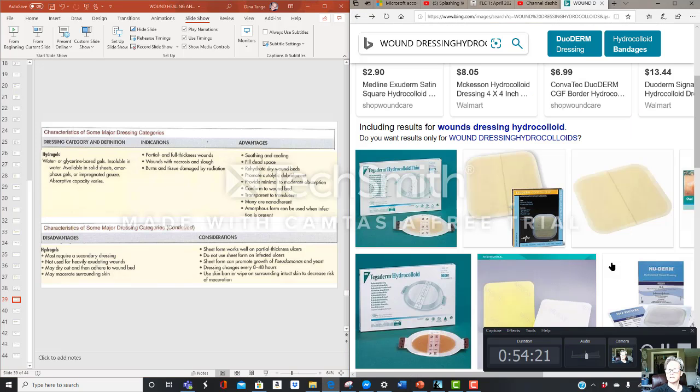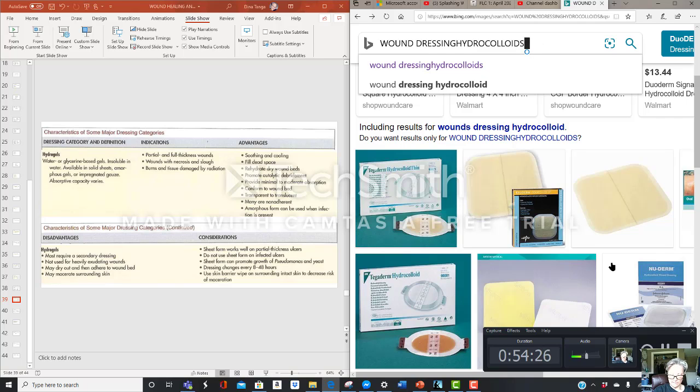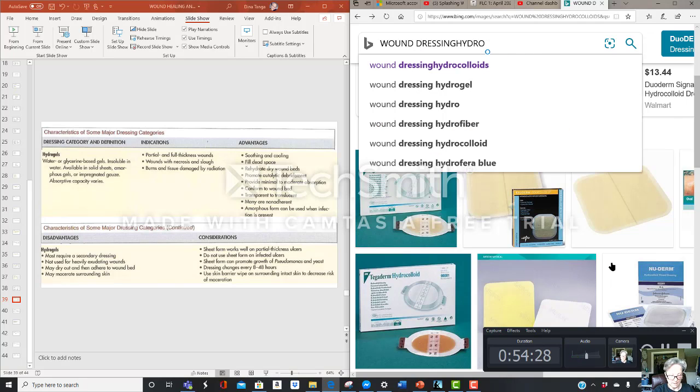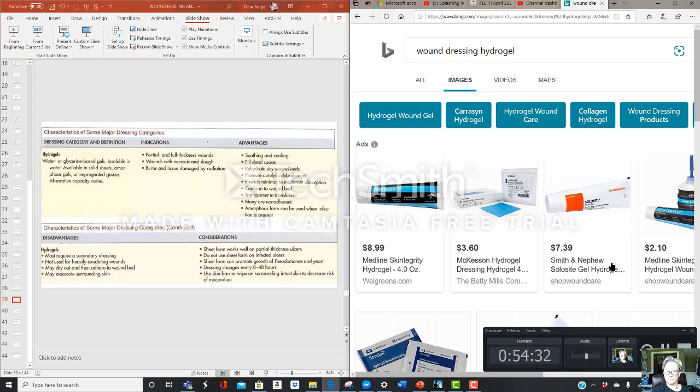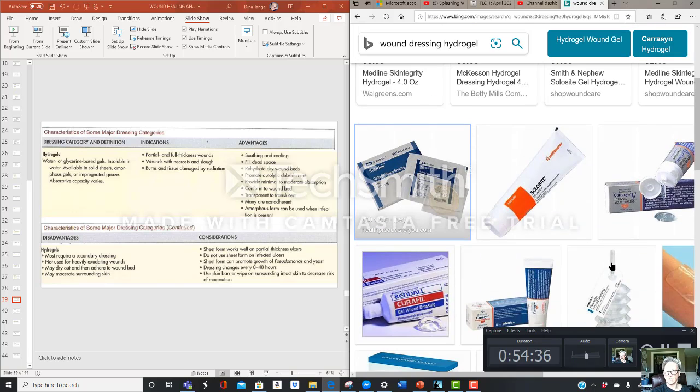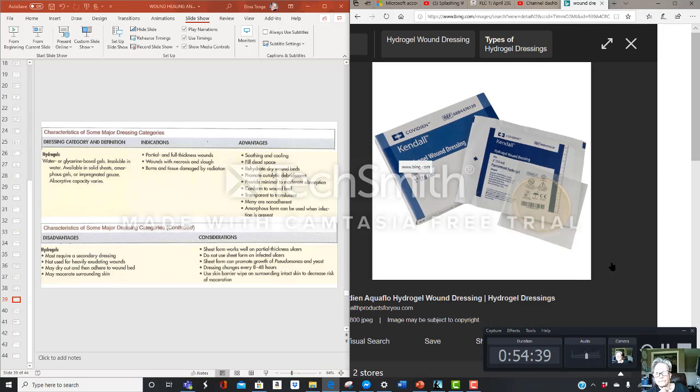Hydrogels. So that was a hydrocolloid. Now let's look at hydrogels. Okay, so there's a hydrogel wound dressing.